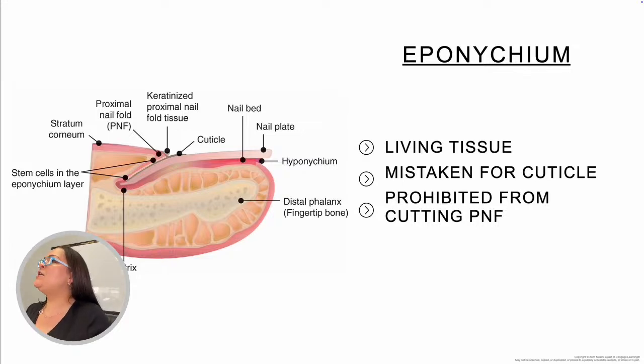The eponychium, remember I said earlier, why does it keep coming back? Why does the cuticle keep coming back? Well, that's because the eponychium is living tissue that is attached to the cuticle. Okay? So I like to give you guys this example.